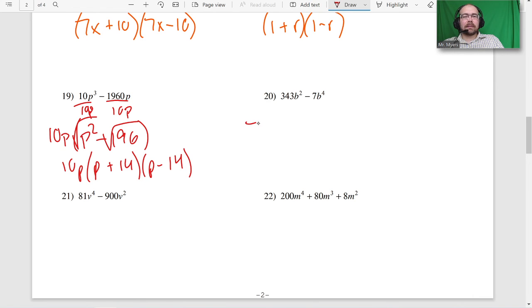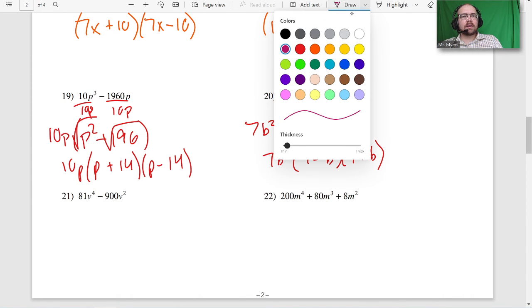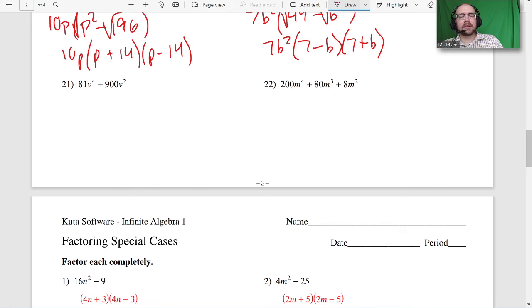So we want to factor out a 7 and a b squared. So that's going to be 49 minus b squared. And then we can square root. So that's 7b squared, 7 minus b, 7 plus b. And then we're on to the last two here. So we have 81v squared.